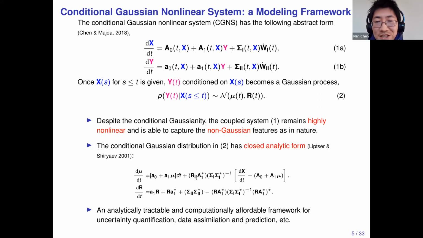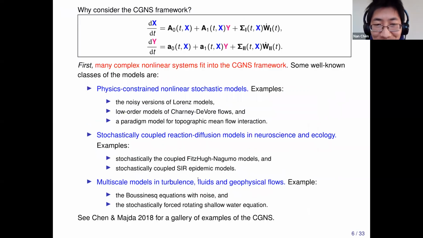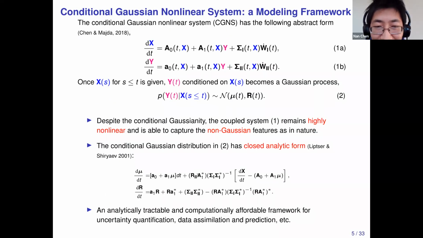Sorry, it's a typo. It's just R. Okay. Yeah, sorry for this. I use different notations in my paper and tried to adjust them. Yeah, this is a very good question. I should correct it. It's just R. So your mean equation will be driven by your covariance. So they are not decoupled.